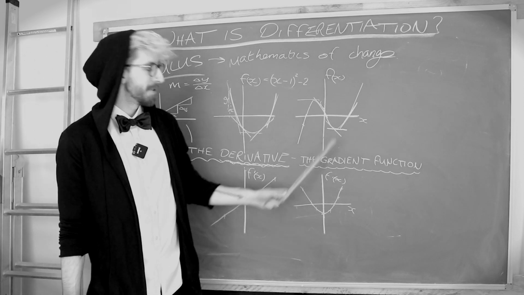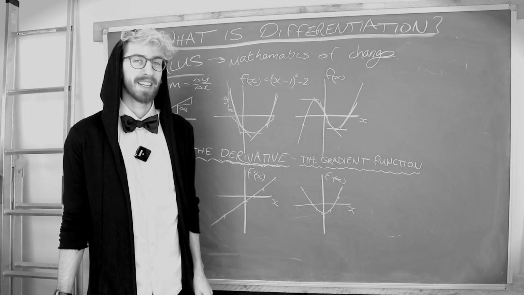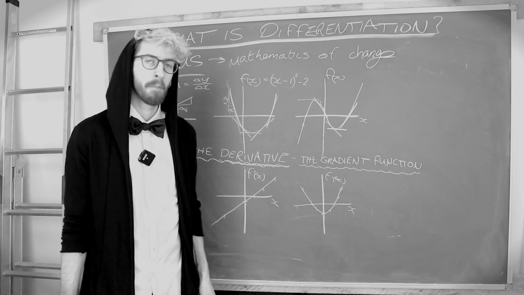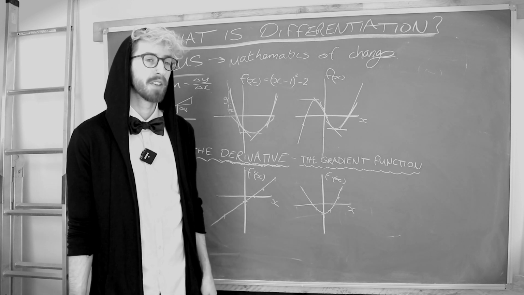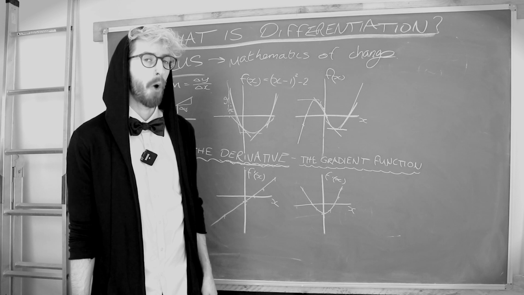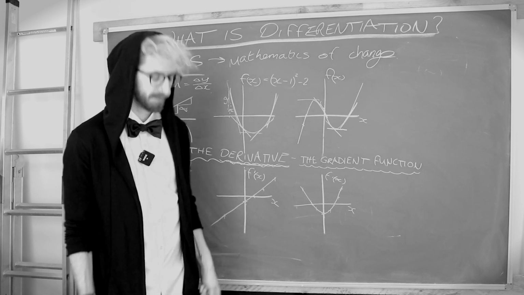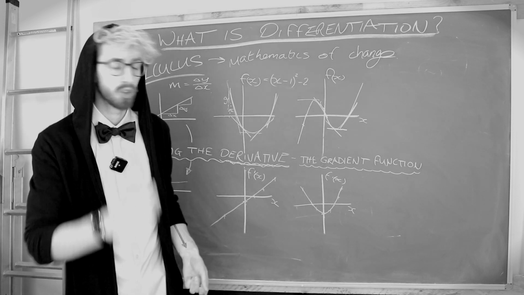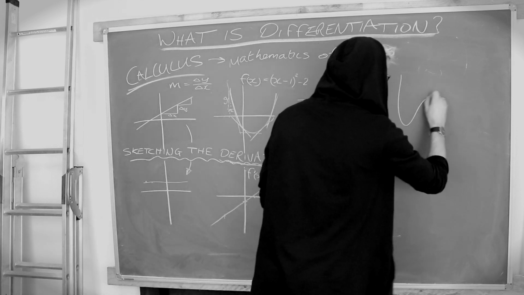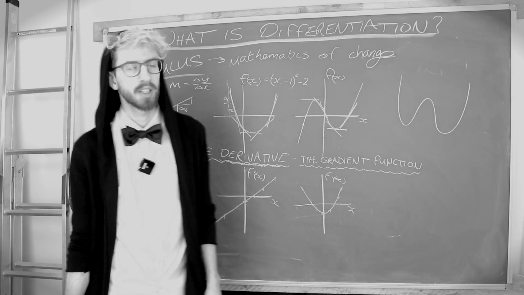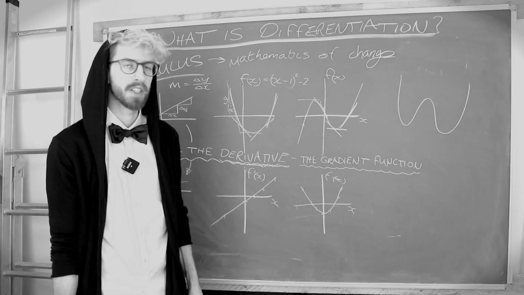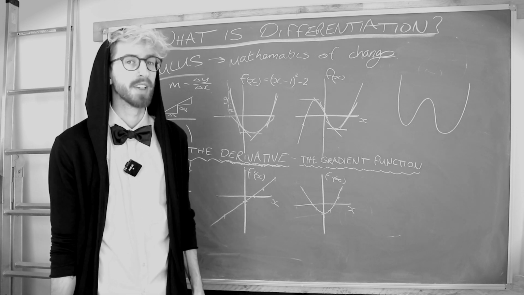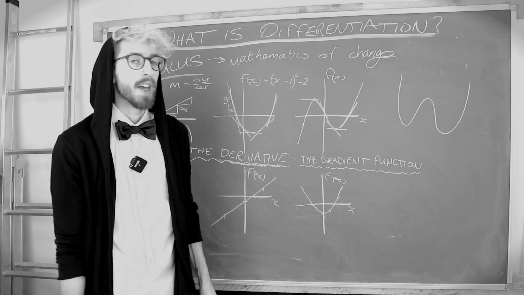Sketch the derivative of a cubic, you get a quadratic. Guess what? If you did the derivative of a quartic, now remember, I'll just sketch one quickly. That's the quartic. Sketch the derivative of that, guess what you're going to get? Yep.